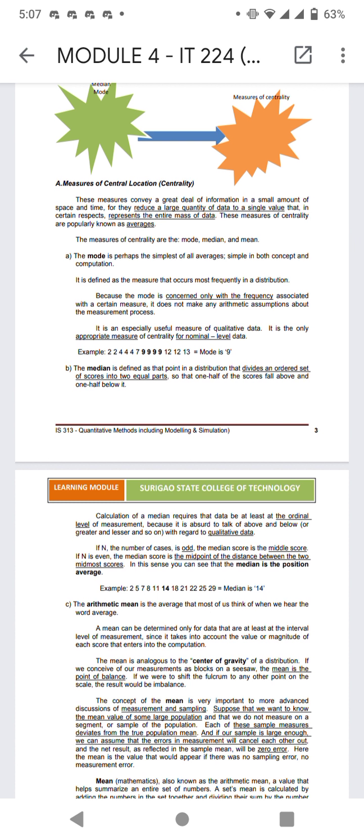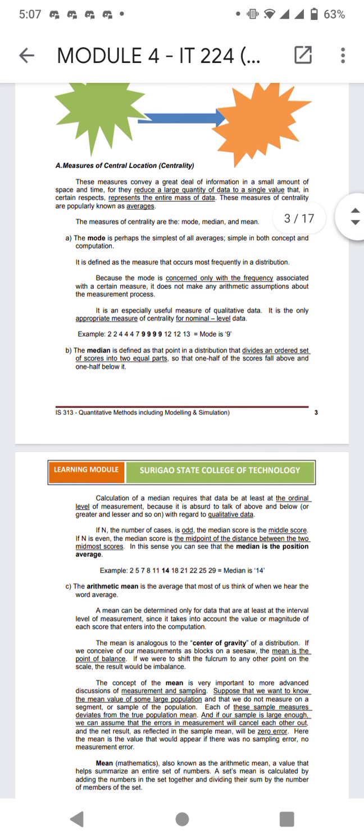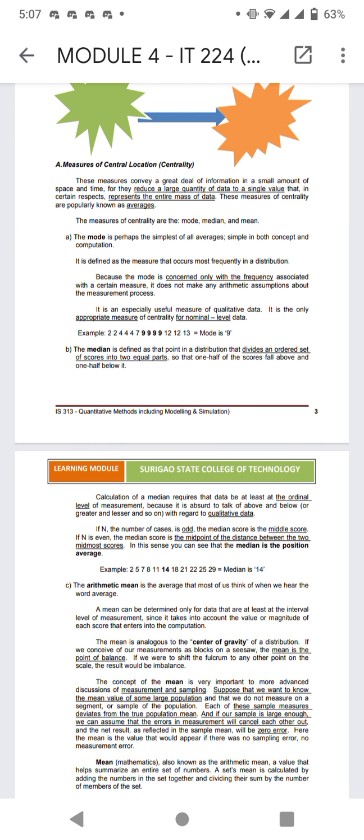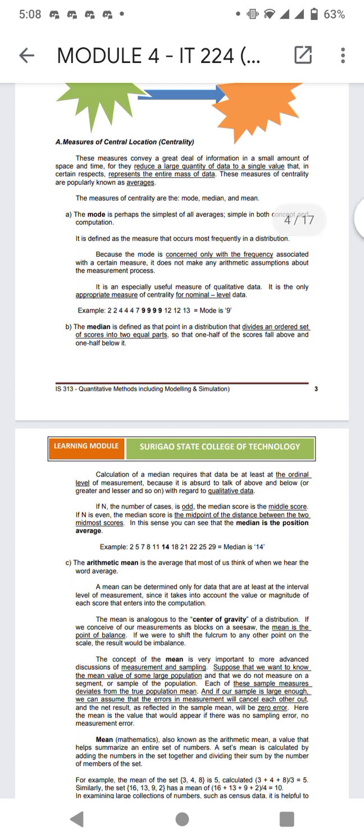It is not 4 because there are only 3, it is not 12 because there are only 2, and 2 only appears twice. This is a central tendency for nominal level data, not involving numbers with decimal places or continuous data.